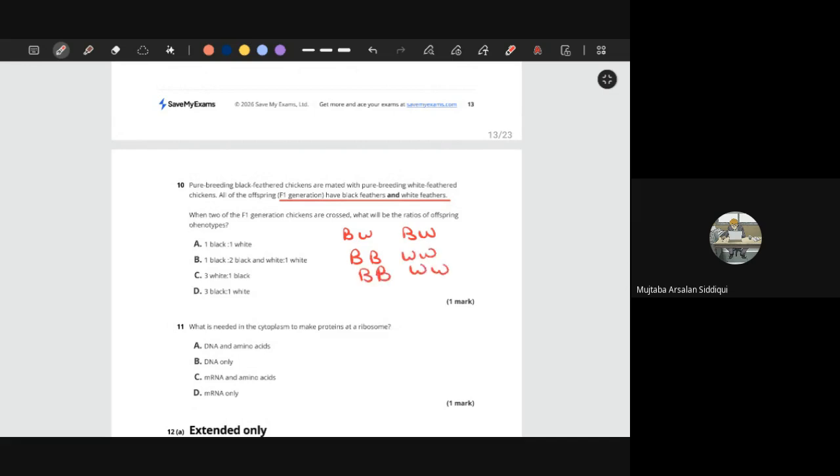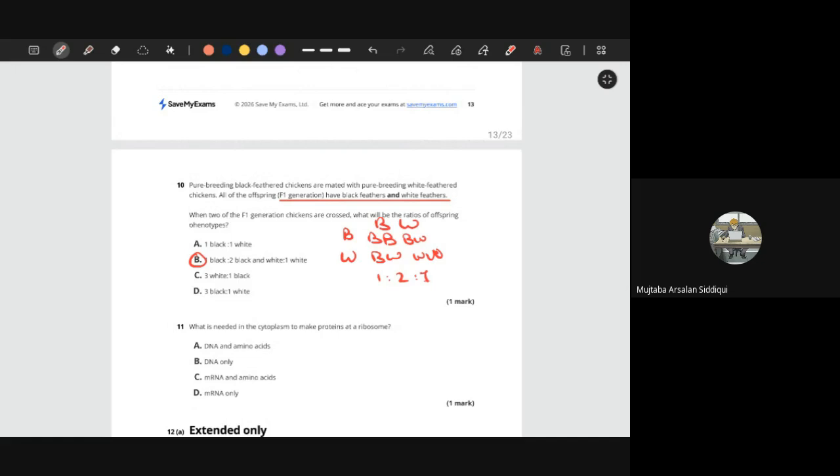So you get BW, BW: you get black black, black white, black white, and white white. So it's going to be 1 to 2 to 1.